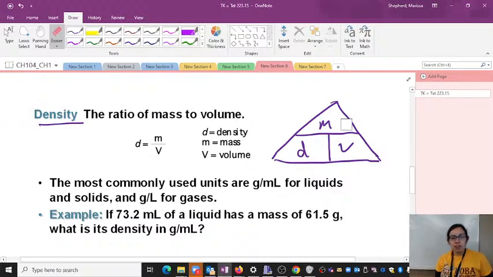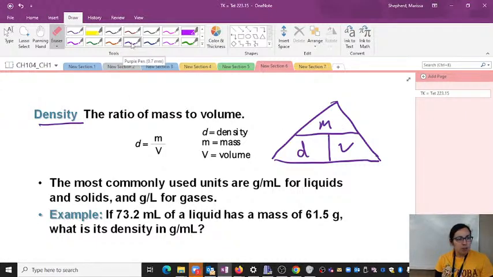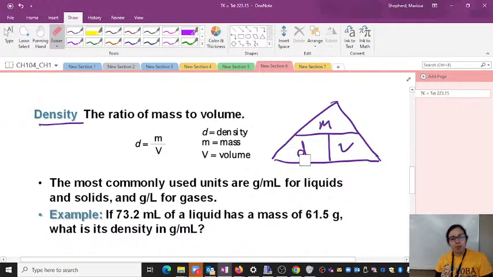Let's say you wanted to solve for mass, so you cover up mass, and then it tells you what to do. You have density and volume next to each other, so you would just multiply those two, and you would get mass. We'll also see how those units cancel. And let's say you wanted to solve for volume, so cover up volume, and what's left is mass over density, so you would divide mass by density, and that gives you volume.